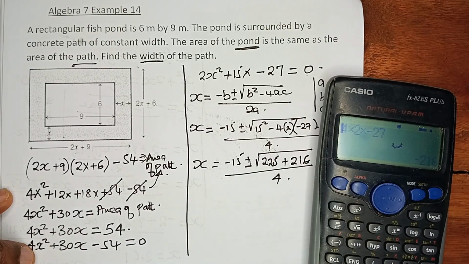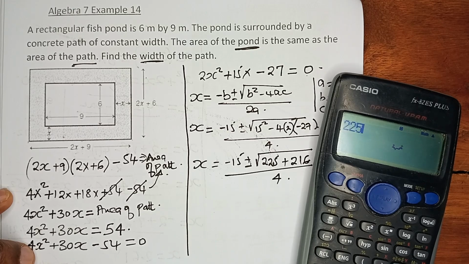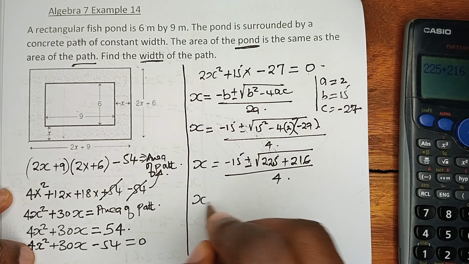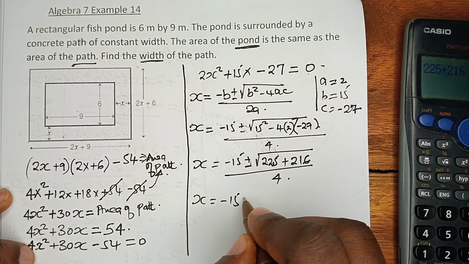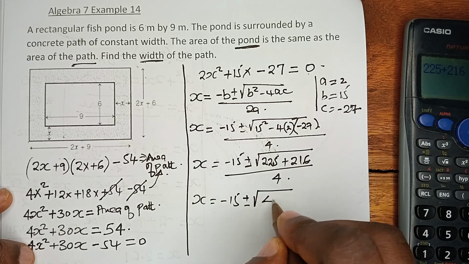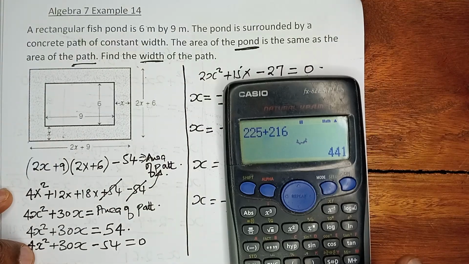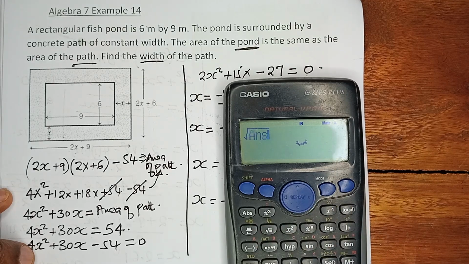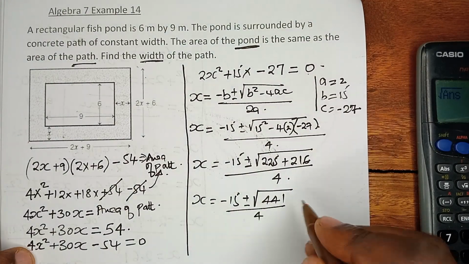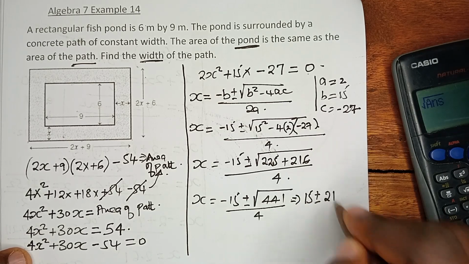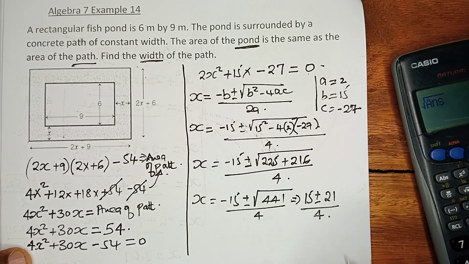So what is 225 plus 216? 441. So x is equal to minus 15 plus or minus the root of 441 over 4. And the root of 441 is well known, simply 21. And therefore, x becomes minus 15 plus or minus 21 all over 4. Let's now take the possible values of x.